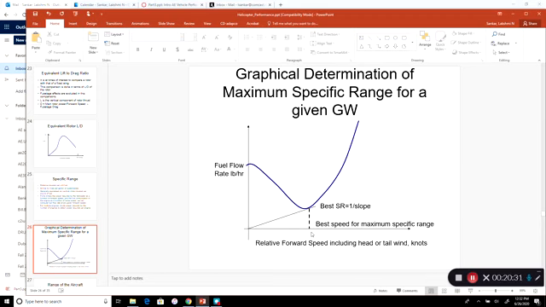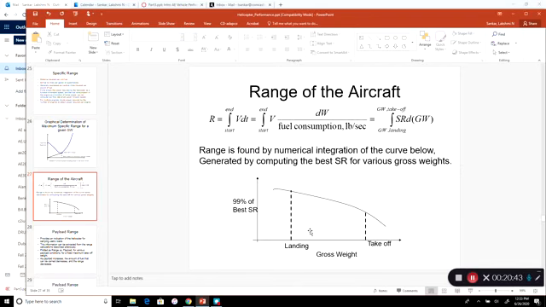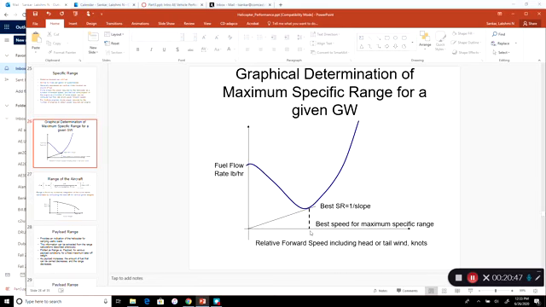Basically, you can take the ratio of the fuel flow rate divided by weight for forward speed and see which is the maximum value in a spreadsheet, for example. Once you have it, that's called specific range. This value is specific range, 1 over slope. That means this distance by this distance, forward speed divided by fuel flow rate.